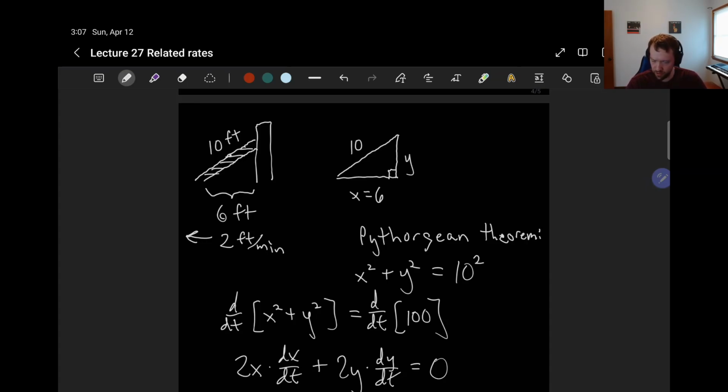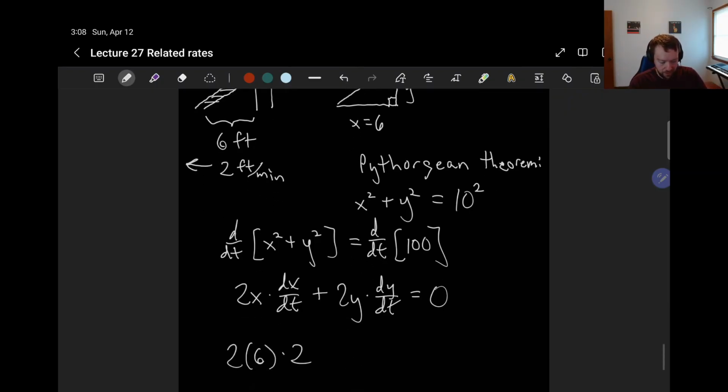And that's because when you really think about it, what's happening to x as the ladder slides away? This horizontal distance x will be increasing. So that horizontal distance x gets larger over time as the ladder slides down. So indeed, dx dt is positive 2.